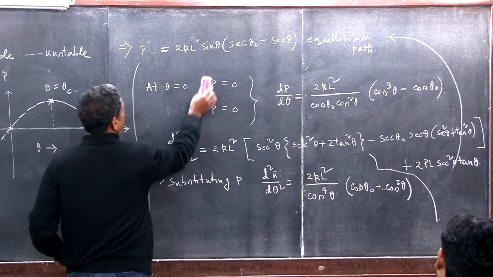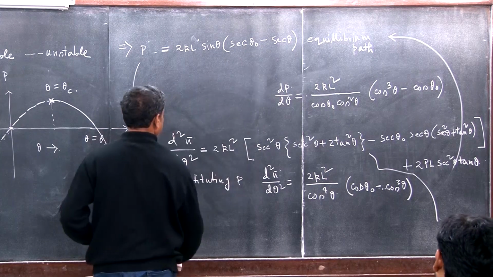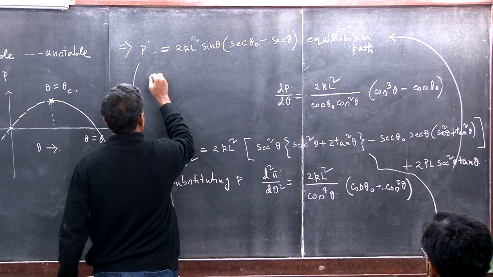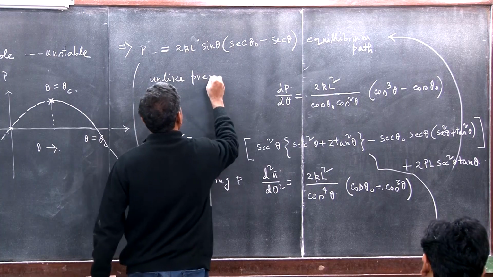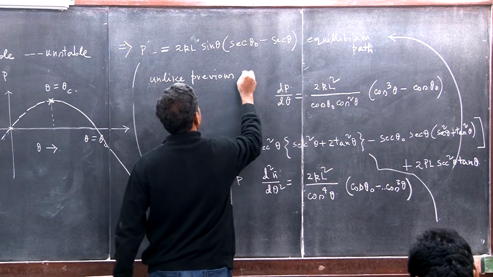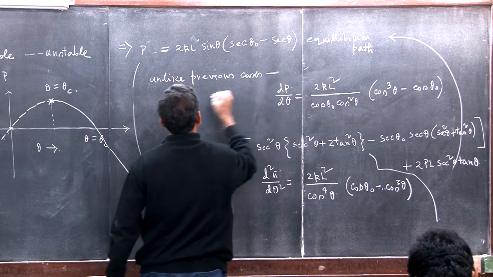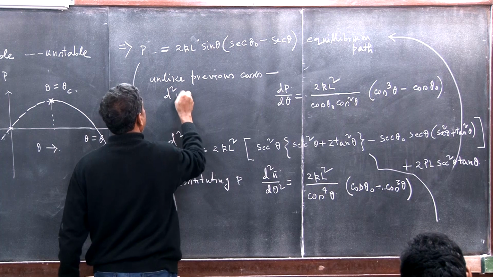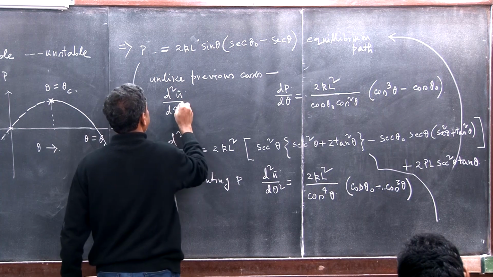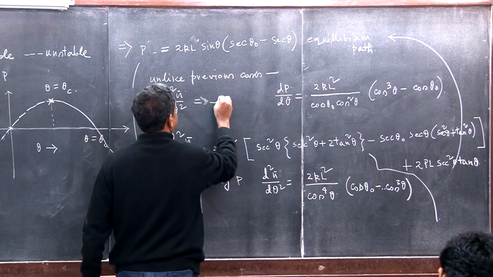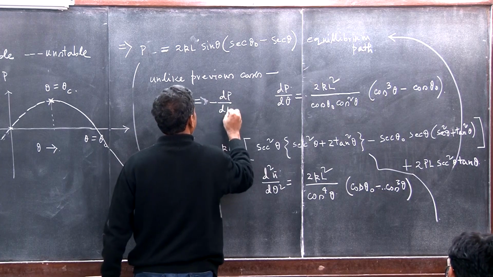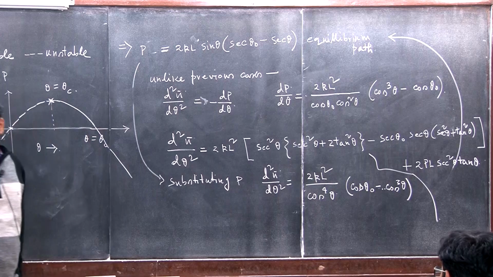So what do you see here, unlike all previous cases, here they are qualitatively the same except the difference in sign. This is nothing but minus dp d theta. In both cases, they are nothing but tangent stiffness, right?